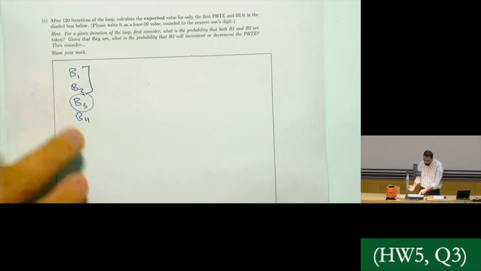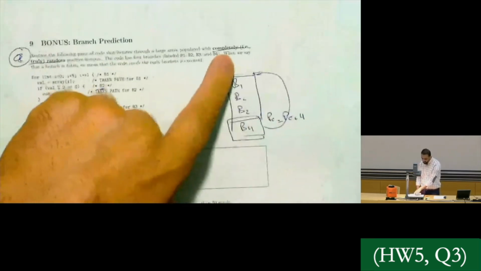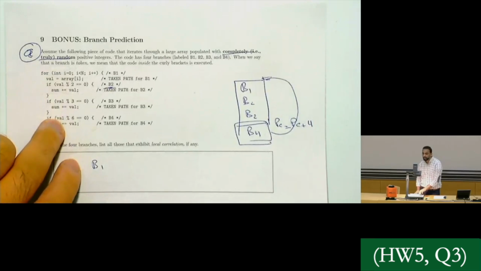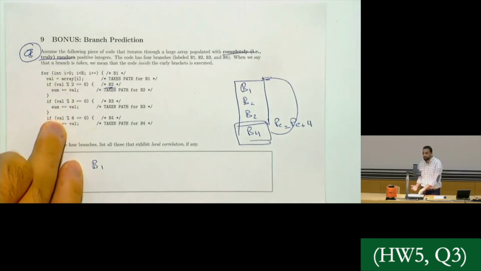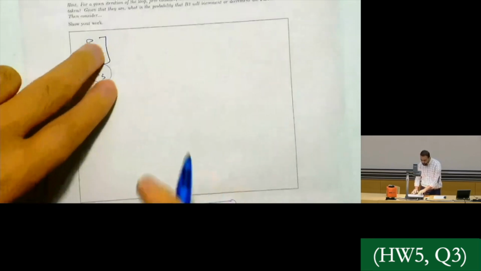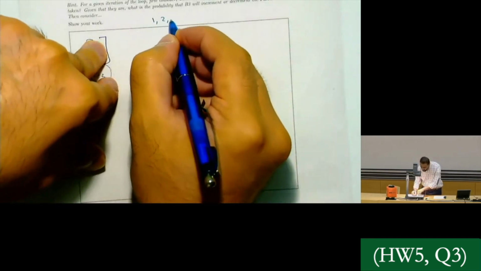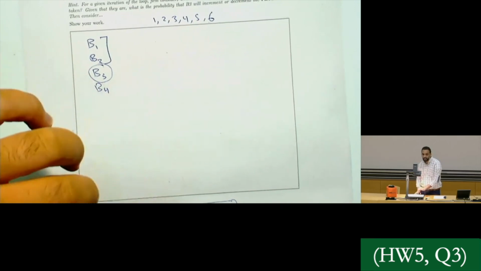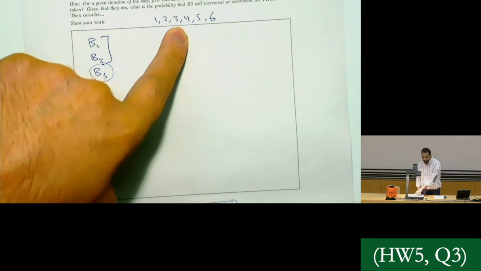Because it's given here that all the values are truly randomly generated, I cannot guess any values. So for simplicity, I'm going to assume that the values are 1, 2, 3, 4, 5, and 6. This is my array. Any element or any index can be one of those values, just for simplicity.